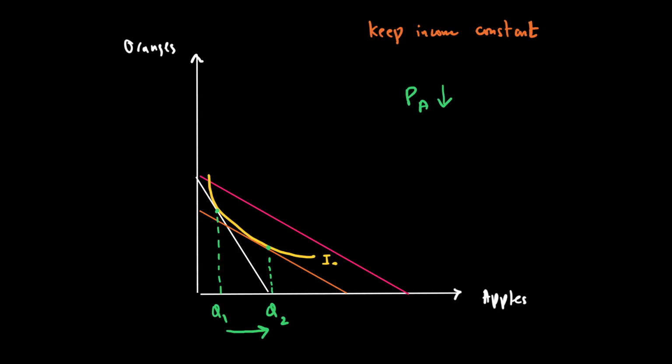So I am moving from combination A to combination B, and this move from combination A to combination B is simply my substitution effect.